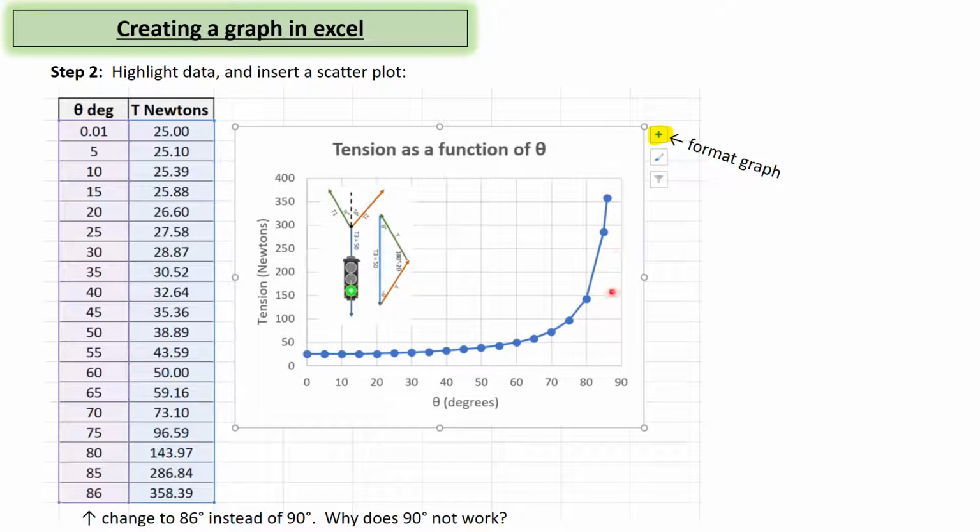If you click on the graph, you'll see a couple of different buttons pop up here. This little plus button, you can format background colors and all kinds of things about your graph. So that's how I was able to add in the label for the x-axis and the label for the y-axis. Just click on anything in here to change it.